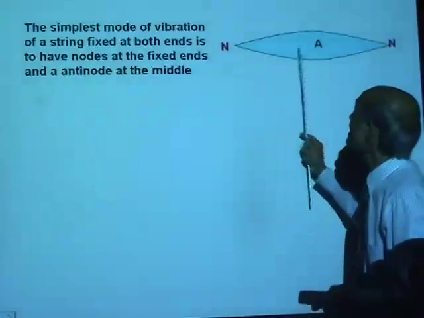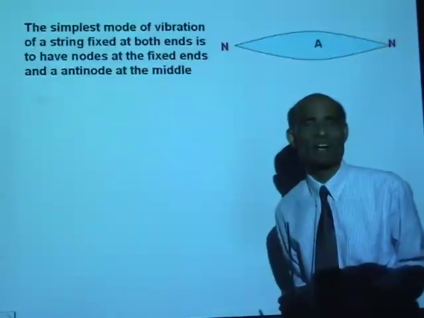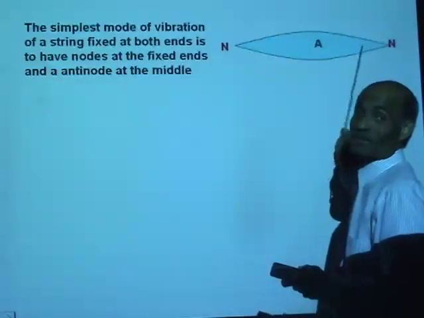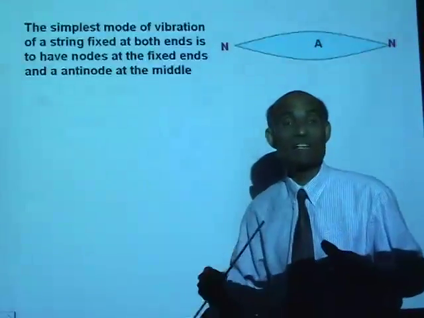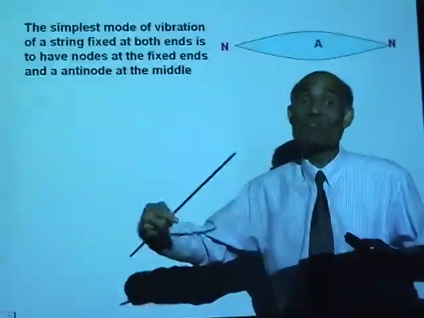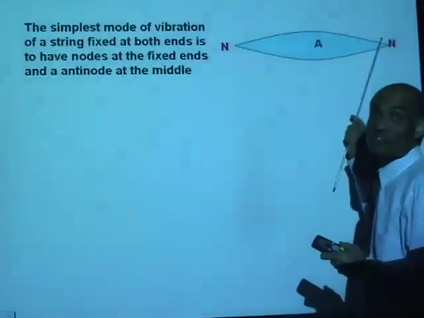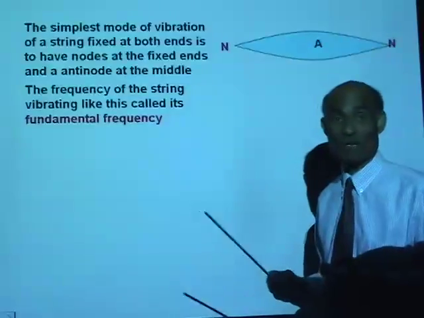And what is the length of the string in relation to the wavelength at that time? Can you tell me? This is the complete length of the string. The complete length of the string now contains how many wavelengths? The distance between 2 adjacent nodes is half of a wavelength. Is that right?